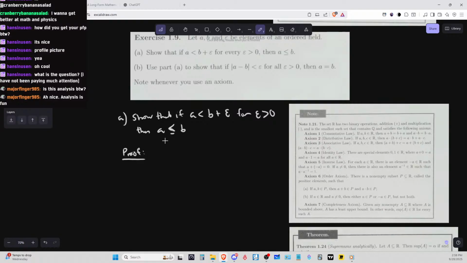So it's an ordered field. So let a, b, and epsilon be elements of an ordered field.